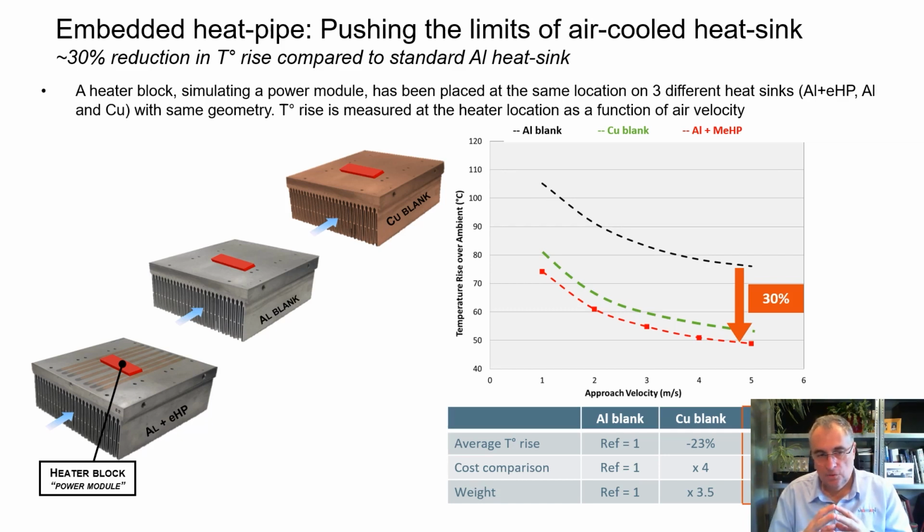Here we can demonstrate that the embedded heat pipe really is a heat spreading technology that helps better use the entire surface area of a heat sink, and the heat is really extracted by each and every part.